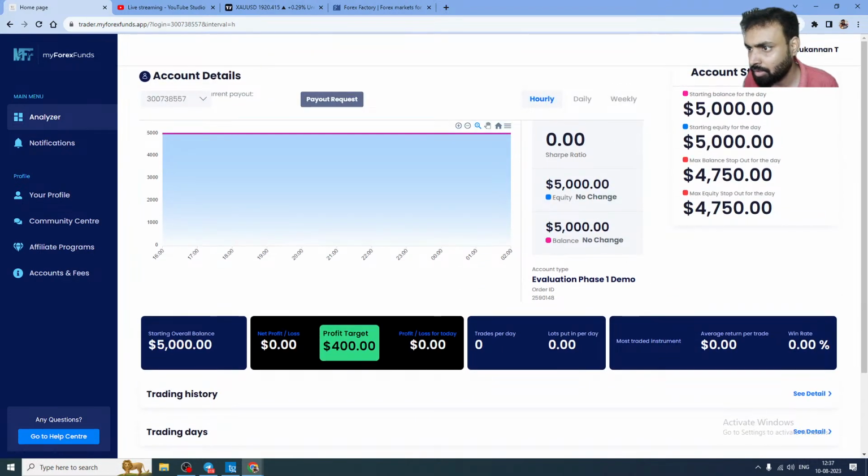You may see the date here, but I don't know why it's not showing. As soon as you enter your first trade, whether it is triggering or not, your days will be counted. But as soon as it's triggered, then your profit or loss will count. Unless it triggers, it will not count.